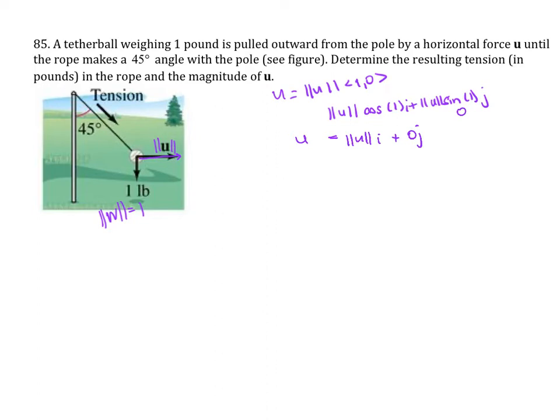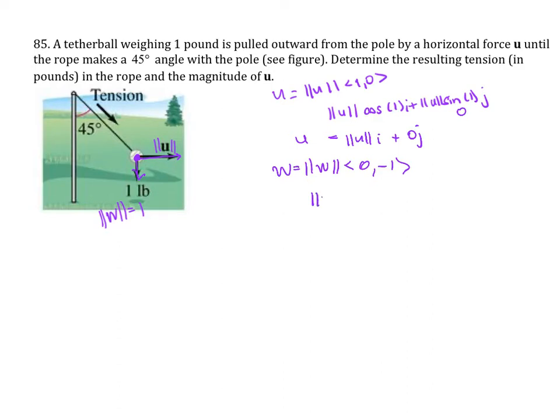Let's talk about the weight. So the weight is the magnitude of W, and at that point it's going down. And so we know that X is 0 and Y is -1. We're just saying that our origin is right here at the tetherball to help you out. So 0, -1. So we write this.